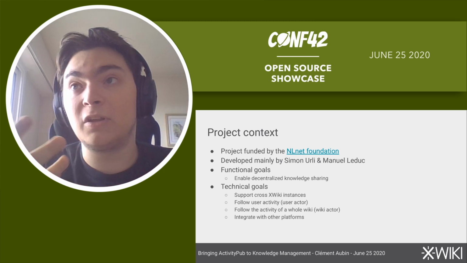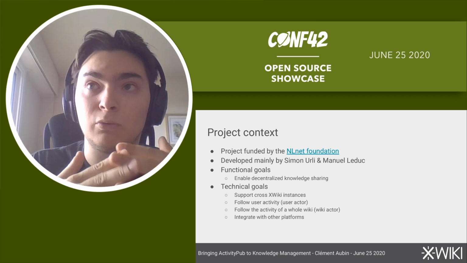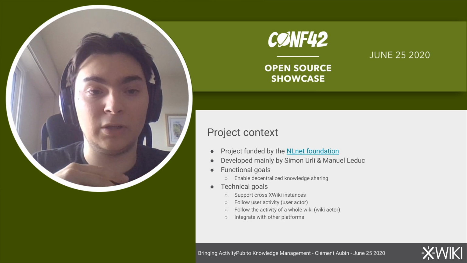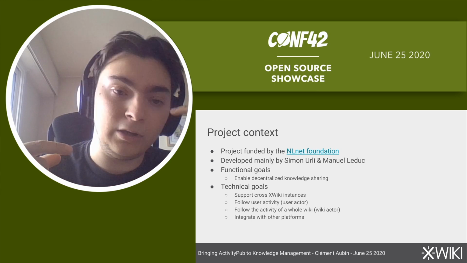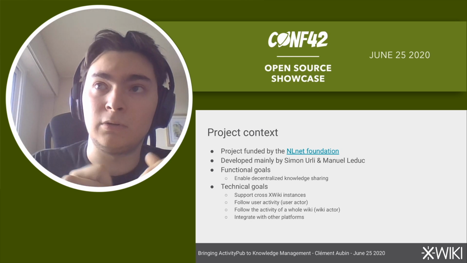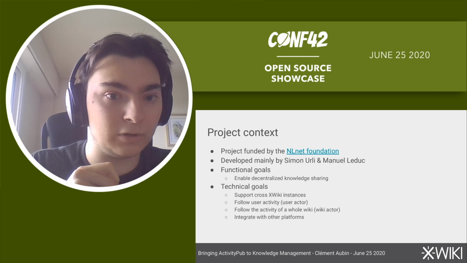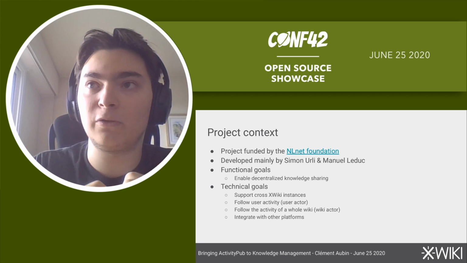More technically, the idea was also to be able to have cross-wiki intercommunication through this protocol, which is currently done, and we will see it in a couple of minutes.